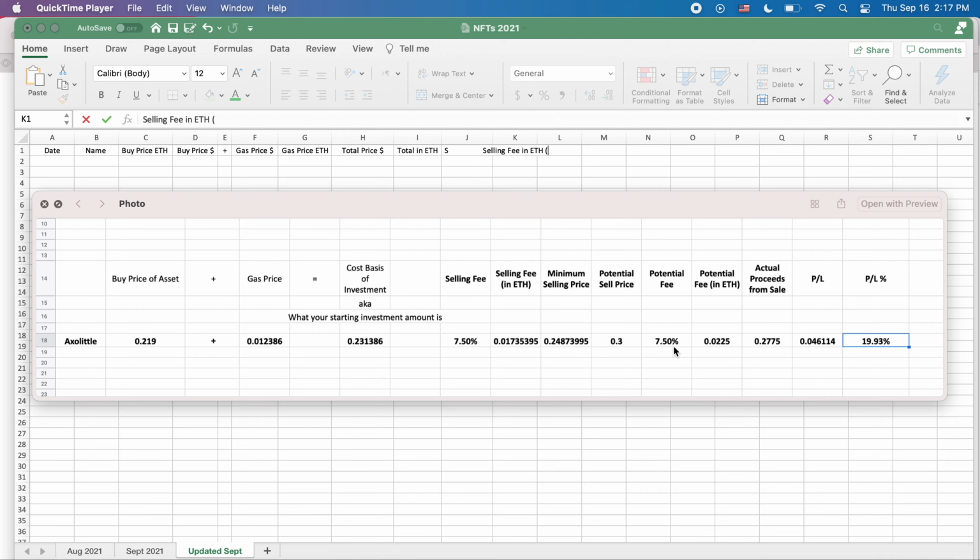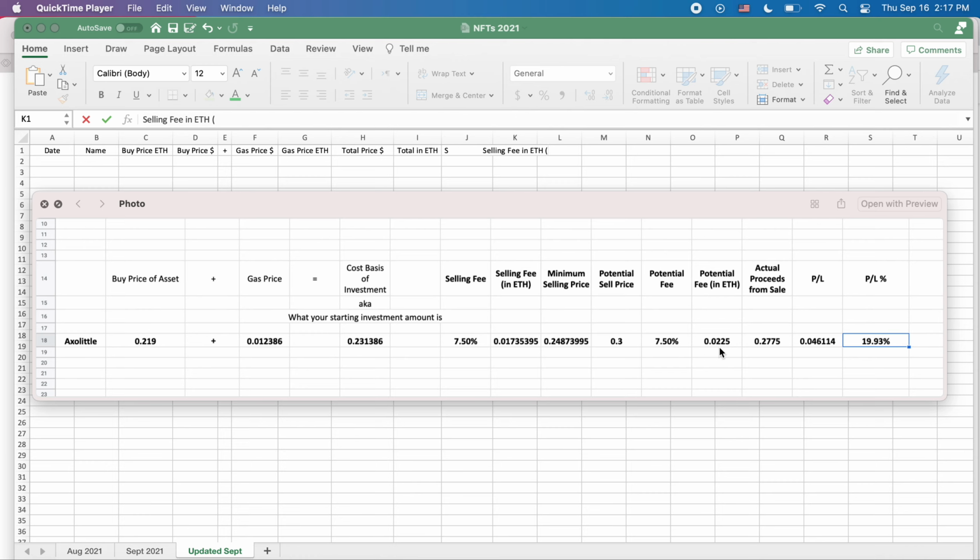So what you do now is you take your potential sell price, which is 0.3, multiply it by 0.075, and you will get 0.0225. This is the potential fee in ETH. Then you're going to take your sell price and subtract the fee in ETH.